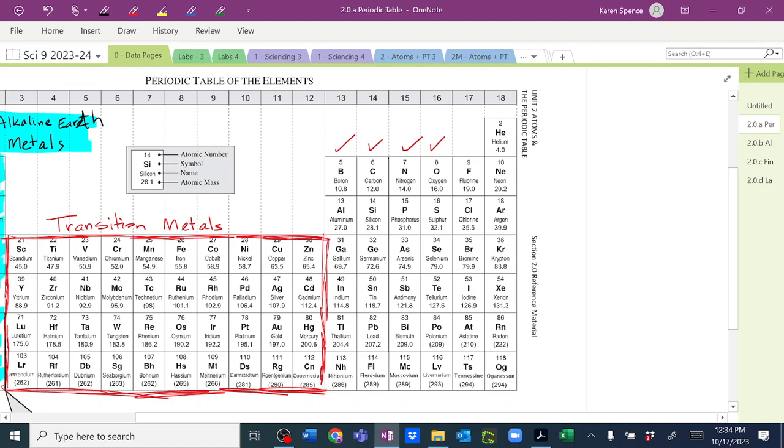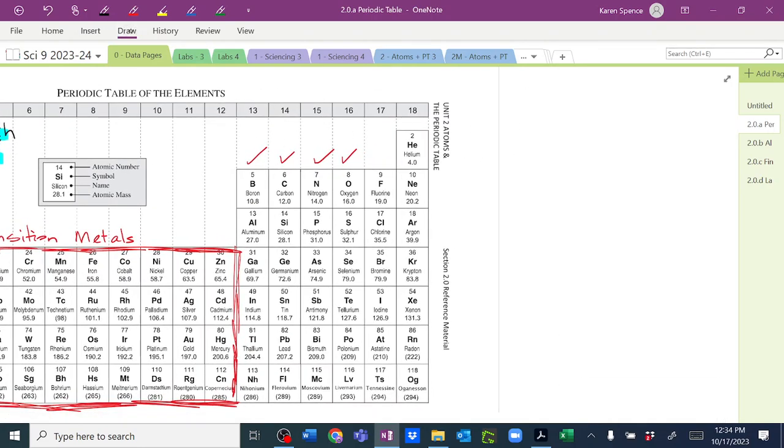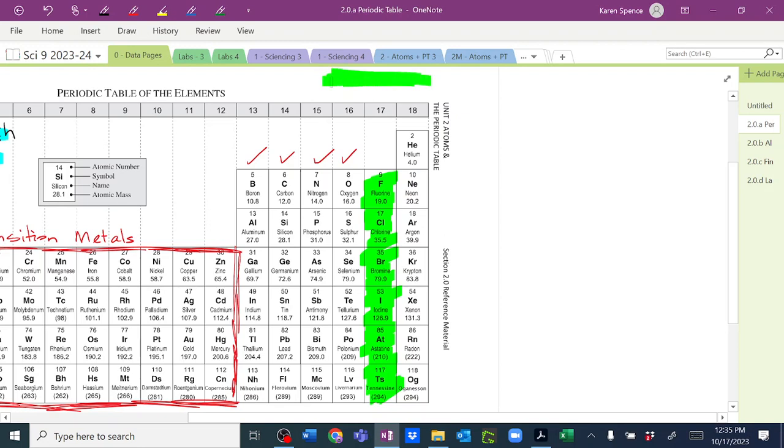Group 17, though, has a name. So that would be these ones here, second from the right, group 17. See if you can tell your partner what the name of group 17 is.